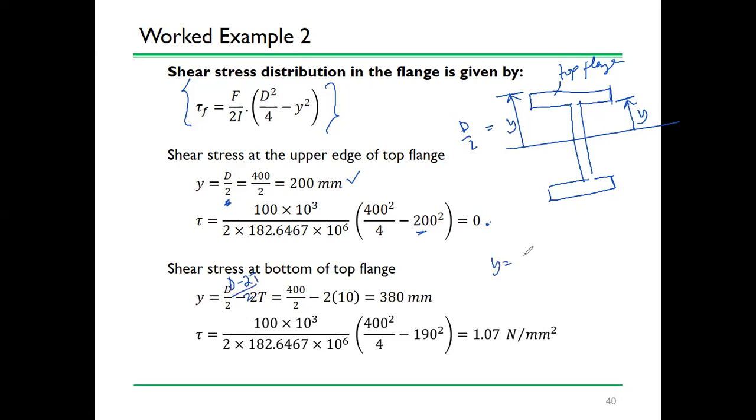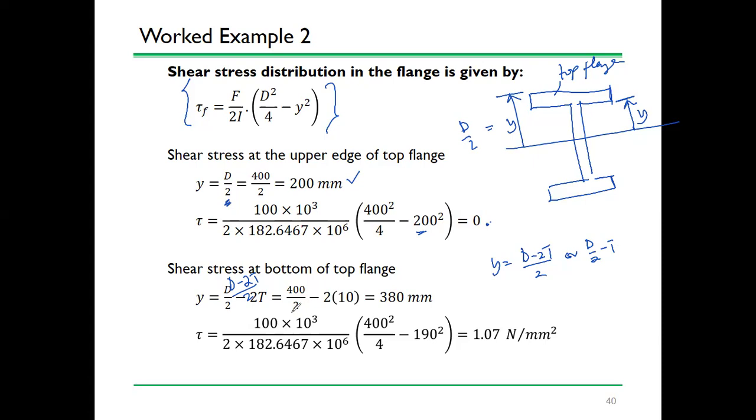The y should be equal to d minus 2t over 2, or d over 2 minus t. So it means that there's a problem, isn't it?